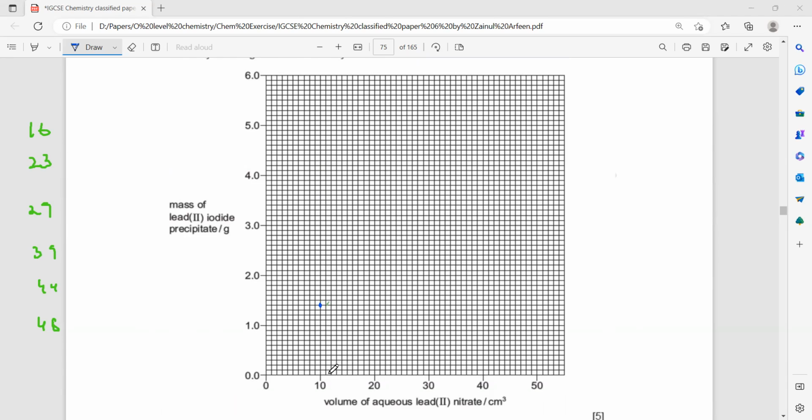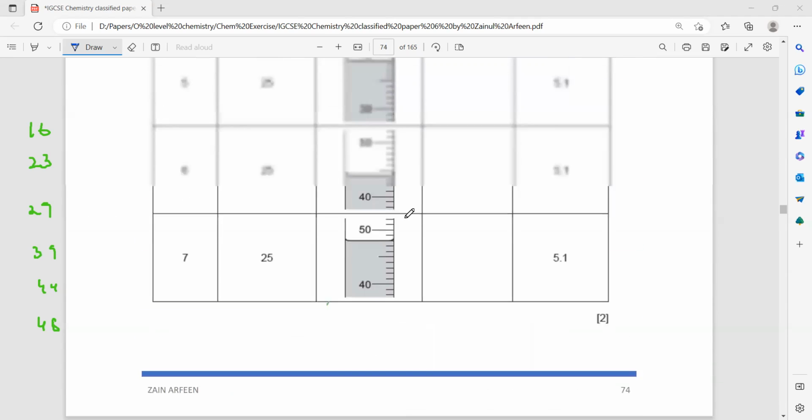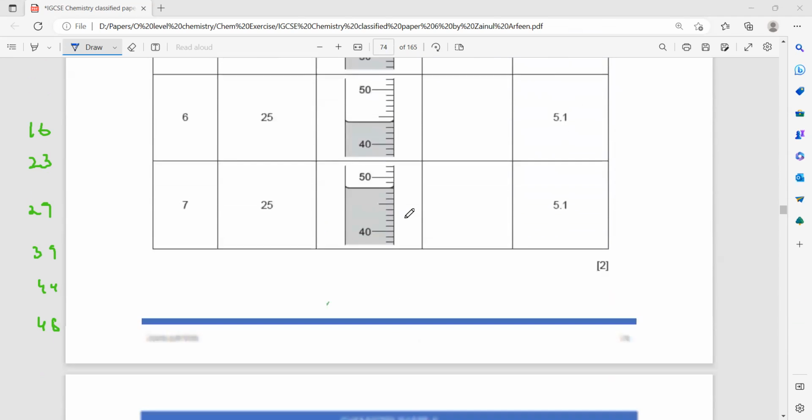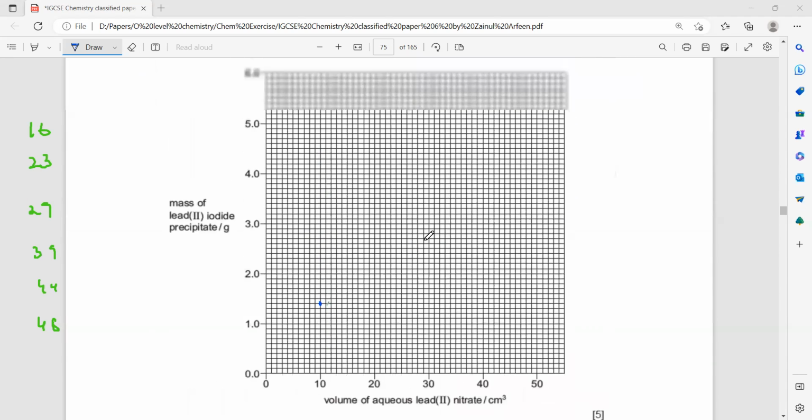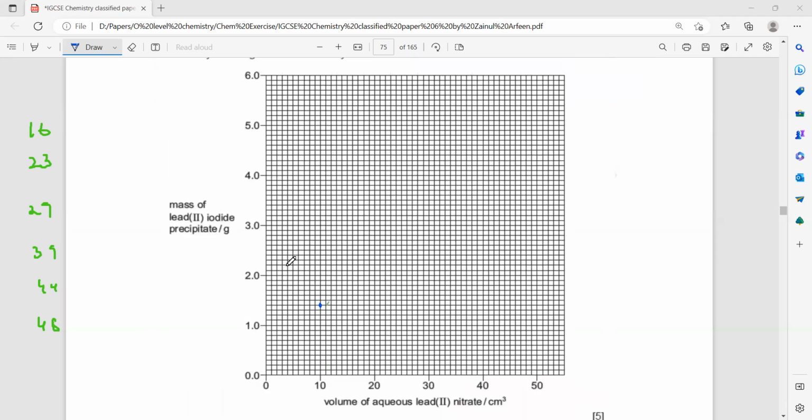So 1, 2, 3, 4, 5, 6, so 16, and the second value is 2.3.